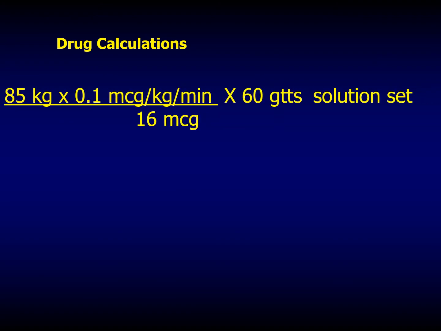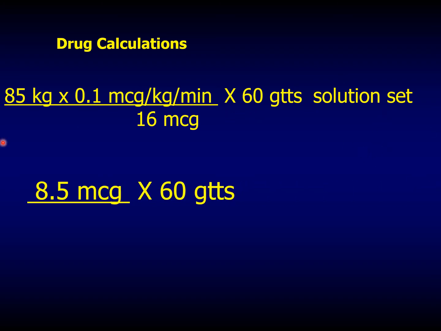So here we go now. We have our 85 kilogram patient times 1 microgram per kilogram per minute. I've left out the 1 because the space was gone, but there's 16 micrograms in 1 mL. But 1 times any of these things is not going to make a difference in the equation. So we want to give him 8.5 micrograms every single minute.